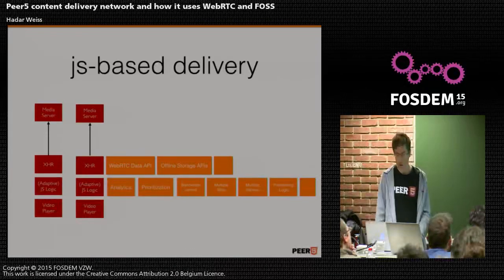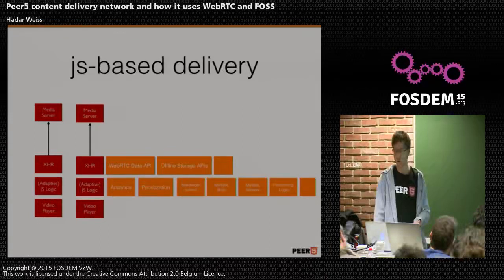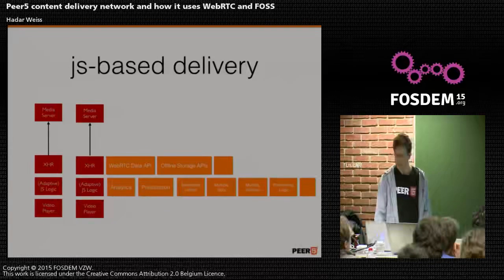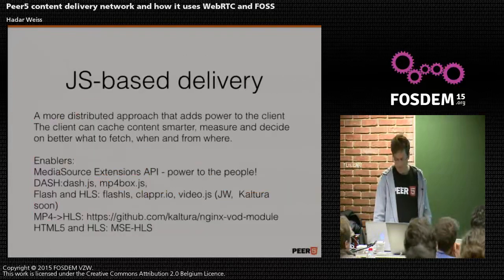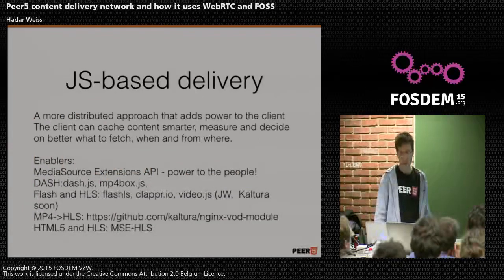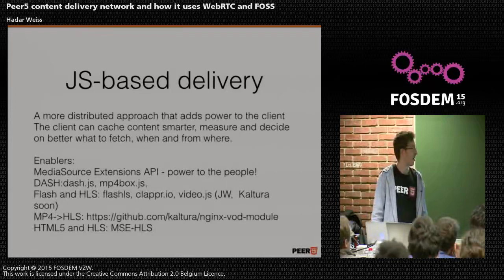We can do smart prefetching and all sorts of interesting JavaScript logic very easily. Instead of just fetching content using XHR, we can use WebRTC. We can do offline storage. You can use Ether5. And the end result is a more distributed approach, which, we think, is smarter.